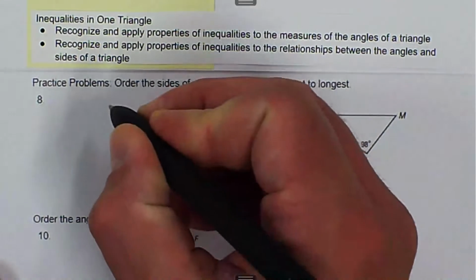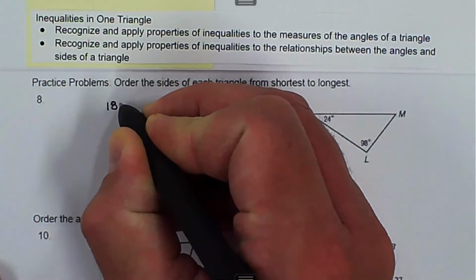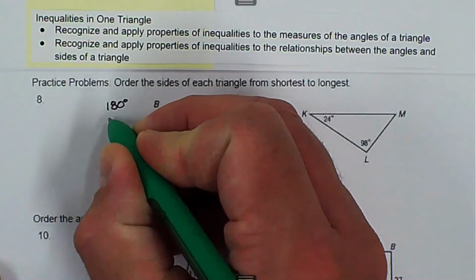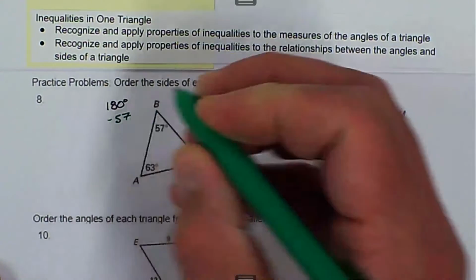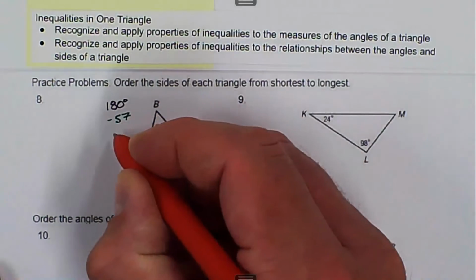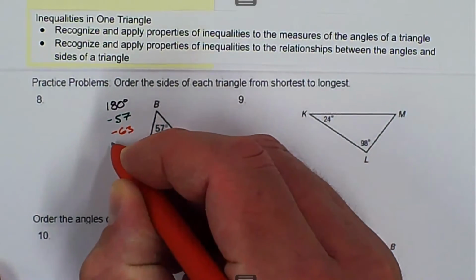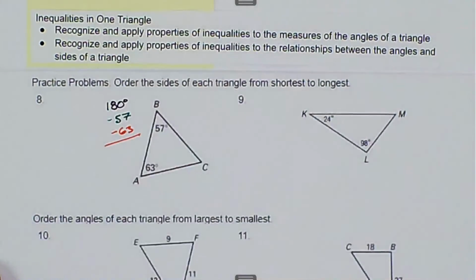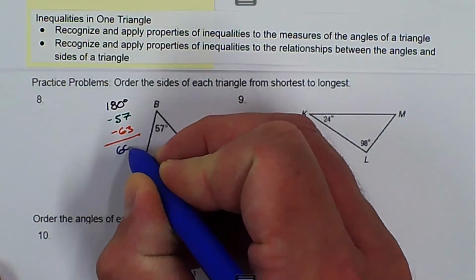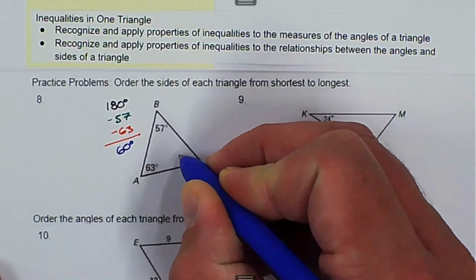So what I can say is, if I take 180 degrees and I subtract these two angles, so if I subtract 57 and I also subtract 63, that is going to give me a value for angle C. Use a calculator and we get the angle C is equal to 60 degrees.